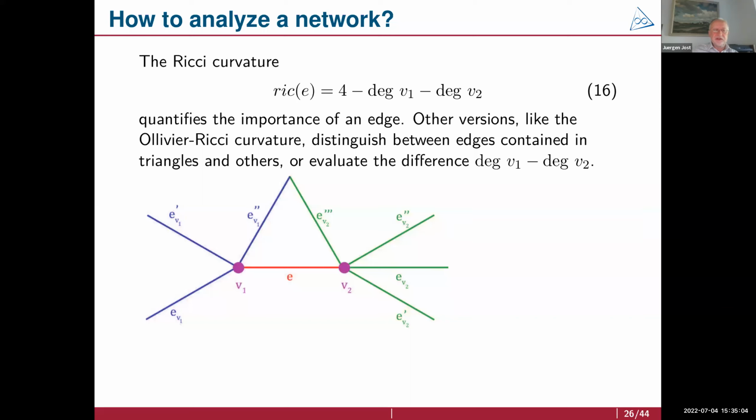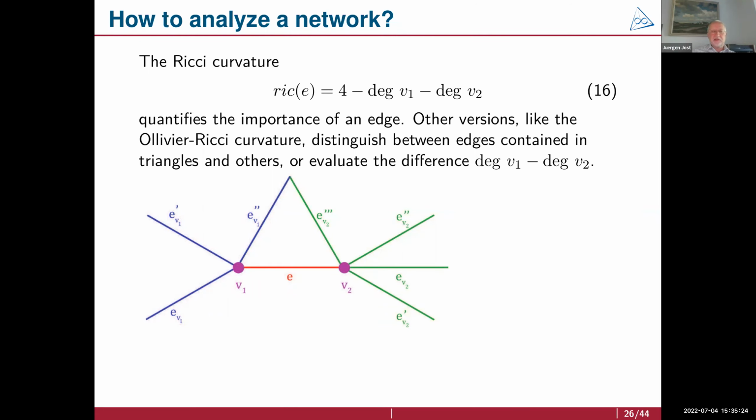The point is, again, that you can very easily compute it locally. For each edge, you just have to look at its vicinity in the network. You don't need to know about the entire network structure in order to compute the Ricci curvature of a particular edge.